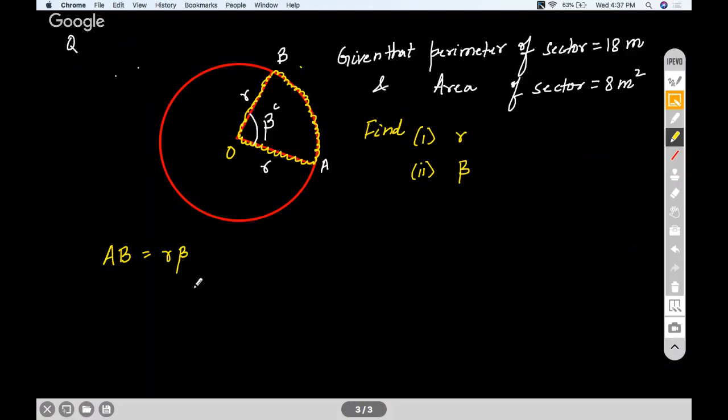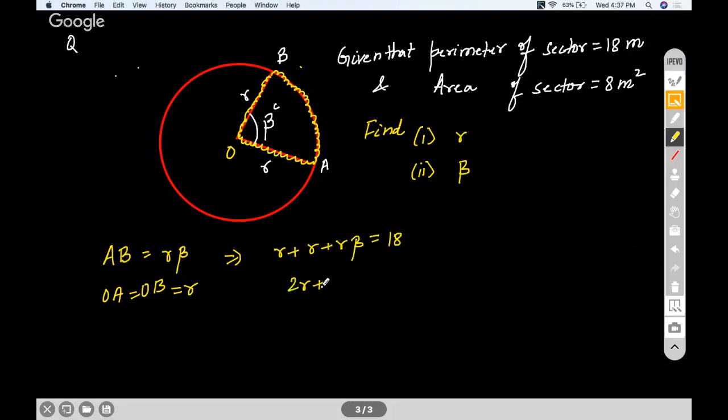And OA and OB both are equal to r, right? Which implies the perimeter is going to be 2r plus r beta, and that's going to be 18, right?